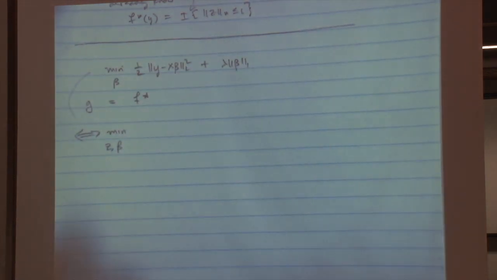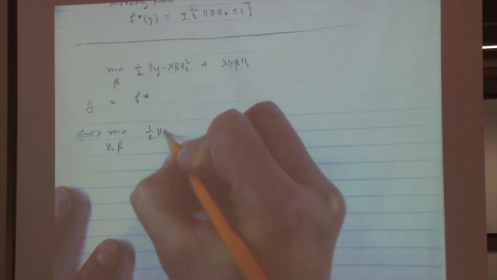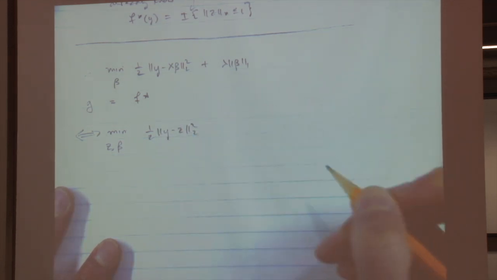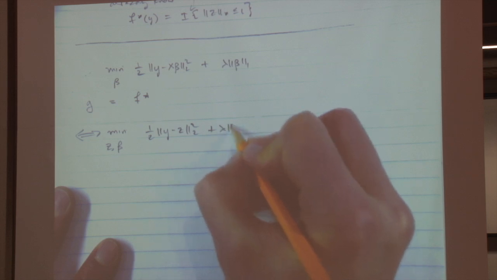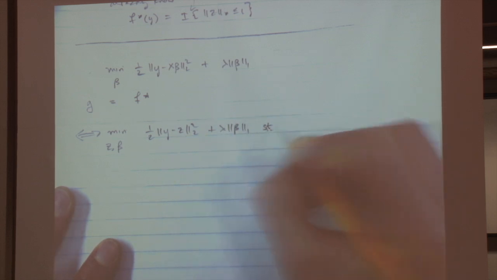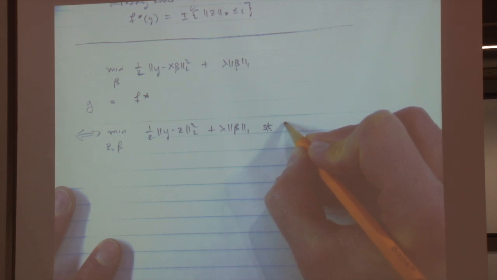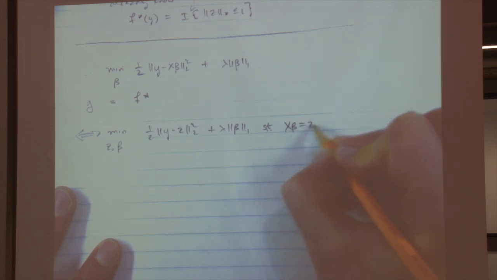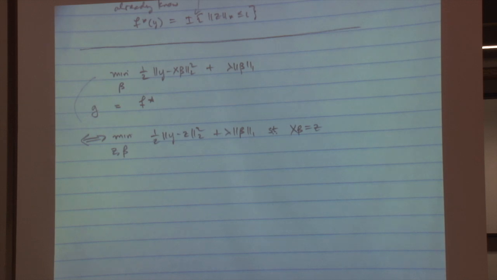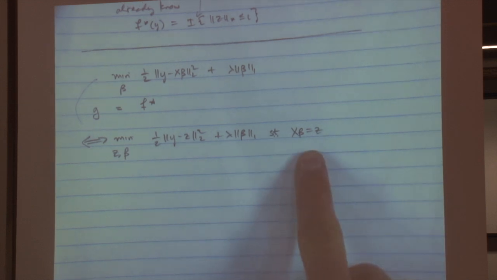It's equivalent to minimizing over beta and z the quantity 1/2 the norm of y minus z squared plus lambda times the L1 norm of beta, subject to x beta equals z. Didn't change the problem, didn't help me to solve it. It was kind of a trivial rewriting, but it's going to help me derive the dual.